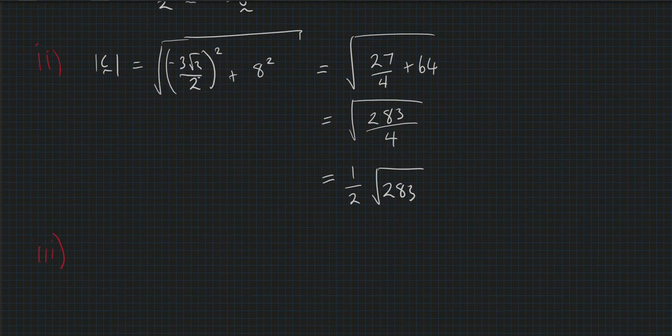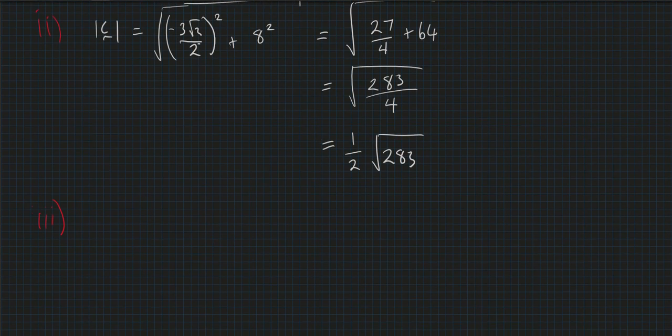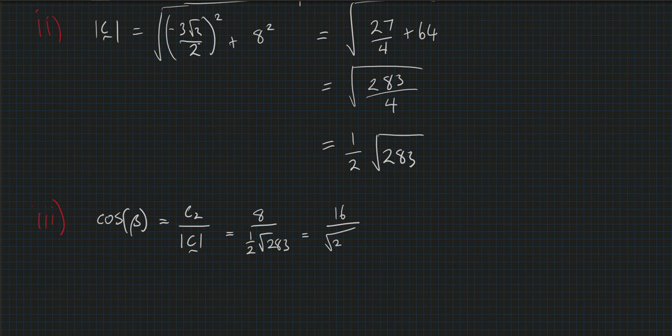So cos of beta is going to equal C2 divided by the magnitude of C. C2 was 8, divided by a half on the square root of 283, or in other words, it's equal to 16 on the square root of 283.